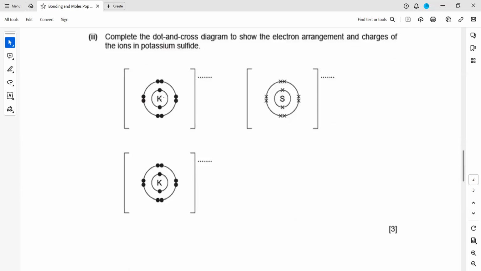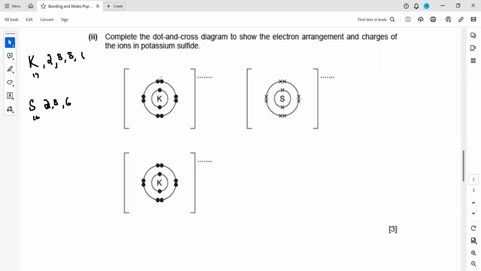Then we have to complete the dot and cross diagram to show the electron arrangement and the charges of ions in potassium sulfide. First, you should write the electronic configuration for each element. Potassium has atomic number 19, so it will be 2, 8, 8, and 1. Sulfur is 16, so it will be 2, 8, and 6.